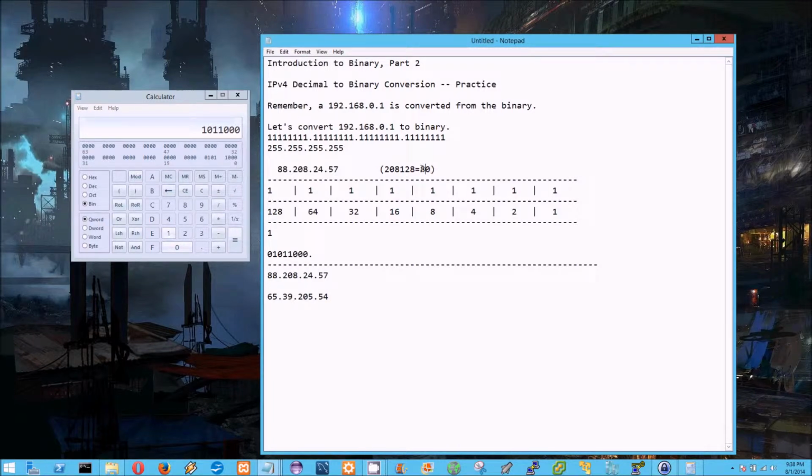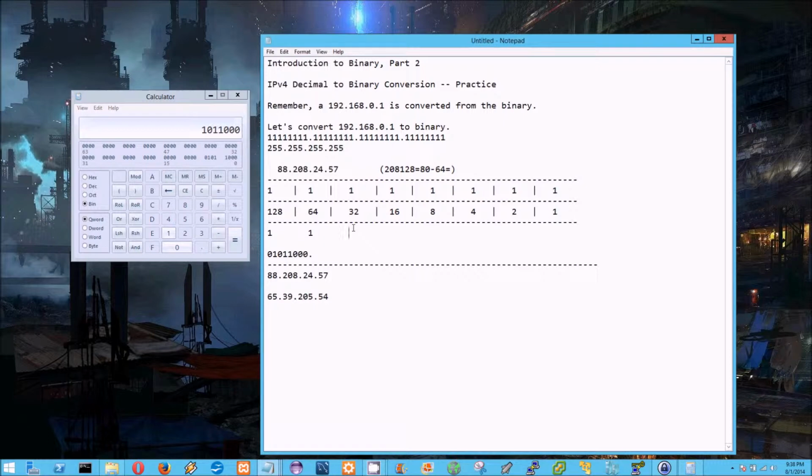Okay, 80 is our next number. Is 80 greater than or equal to 64? Yes, it is. Set the bit. We set the bit, and we subtract 80 minus 64, and that equals 16.